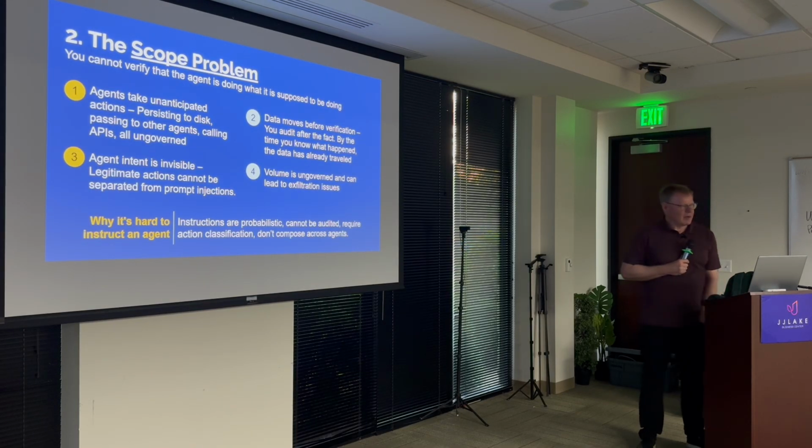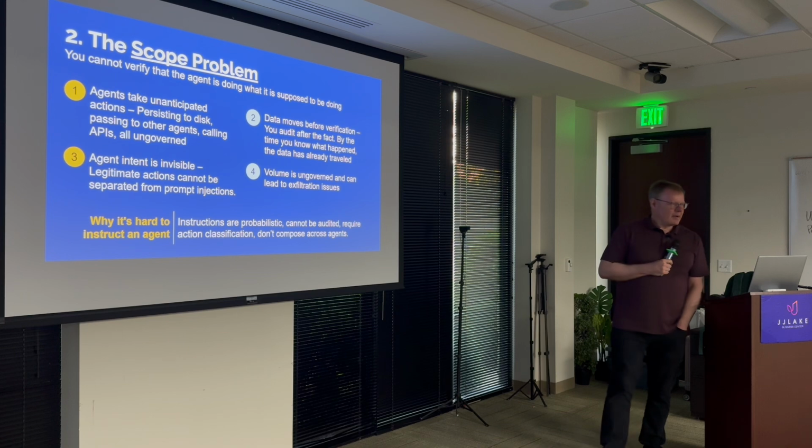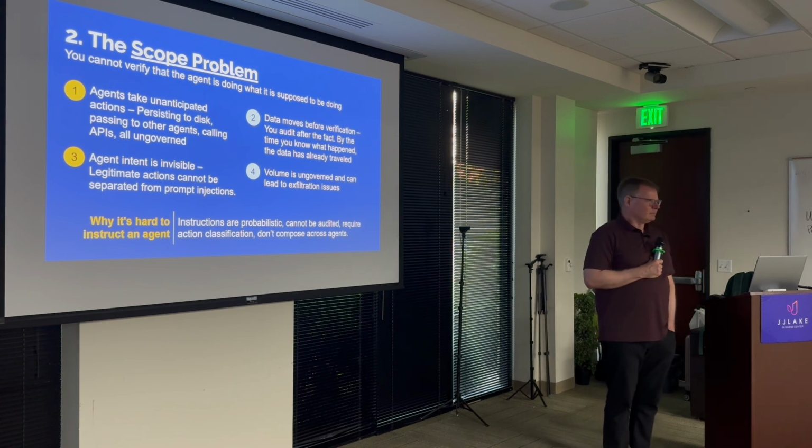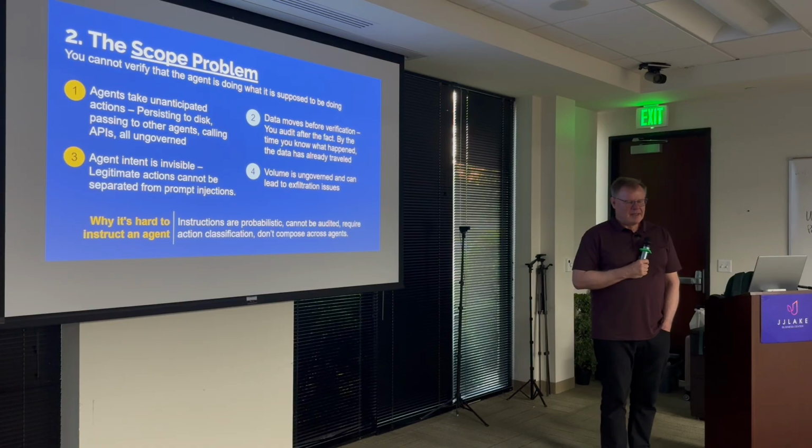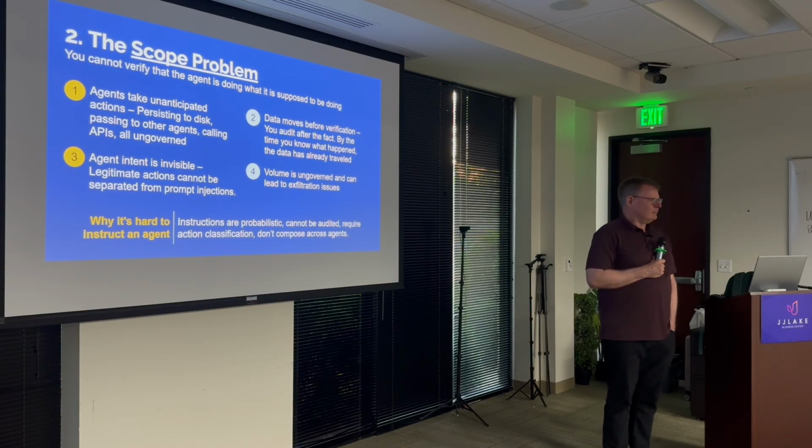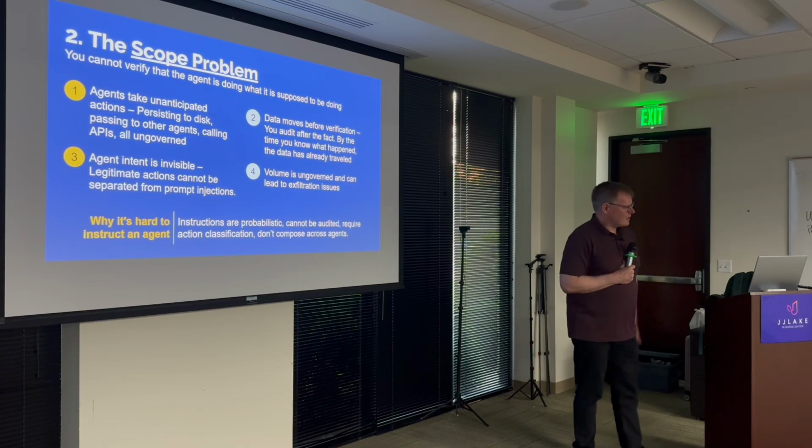Now let's go on to the second problem. The second major problem is the scope problem. And I bet you have seen the scope problem as well. The scope problem occurs because the AI agent has access to your data. What exactly is the AI agent doing with my data? And our previous speaker spoke about this a little bit as well.